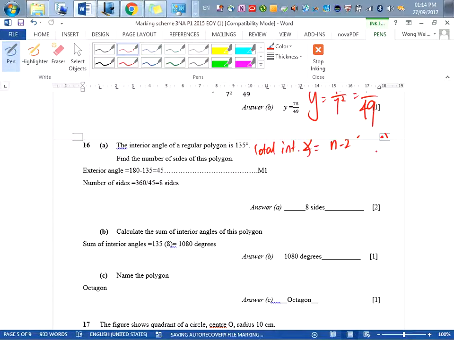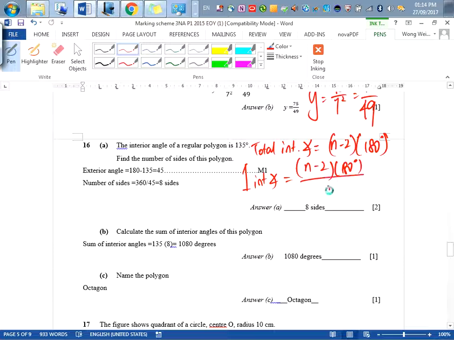N is the number of sides, right? So 1 interior angle is equals to n minus 2 times 180 degrees divided by n. And how much is this supposed to be? This is supposed to be equals to 135. Solve for n. One equation, one unknown, you can do it.